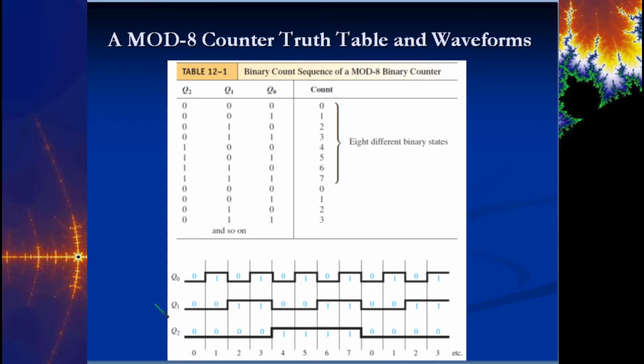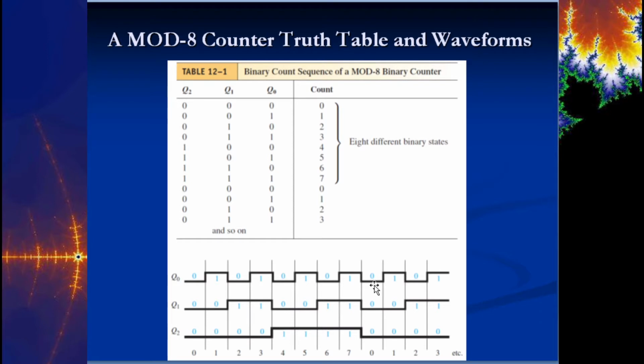Because the frequency is half of the previous flip-flop, this one changes half as often as Q0. This Q now becomes the clock input of the next flip-flop, and you can see that this one changes half as often. So we get this natural progression from 000, 001, 010, 011, 100, 101, 110, 111, and finally recycle back to 0.